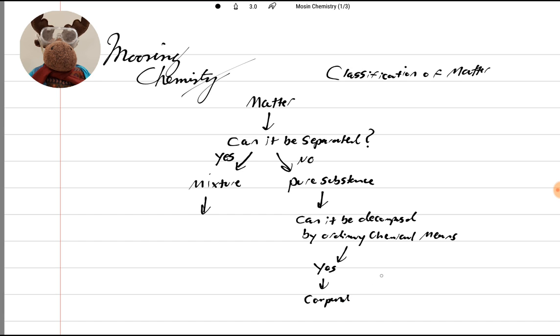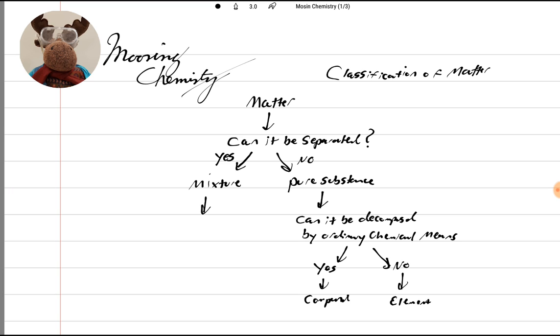And if you say no, then it's an element. See, elements can't be broken down by ordinary chemical means. They're in the simplest form. Compounds are what we call substances that have two or more elements that are chemically combined.